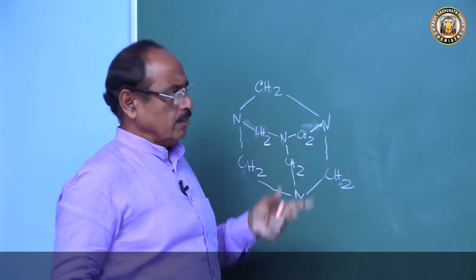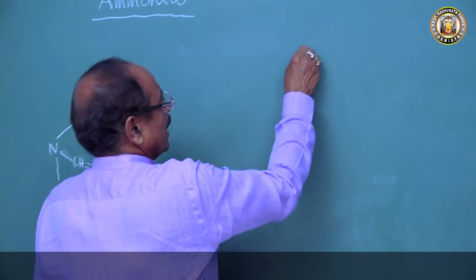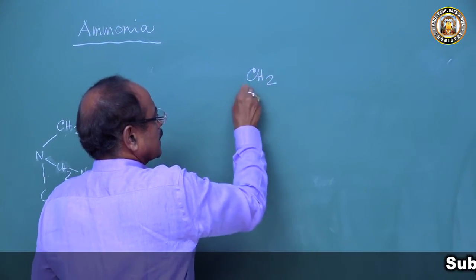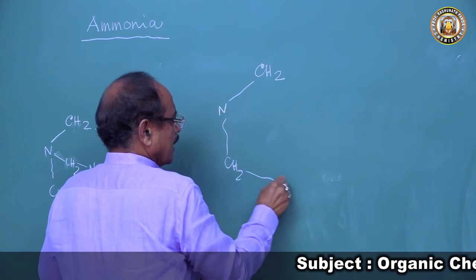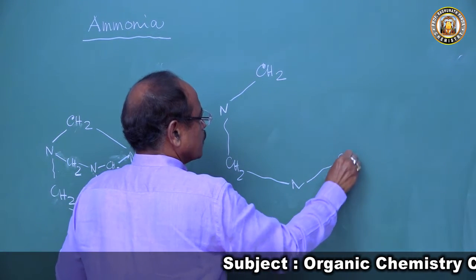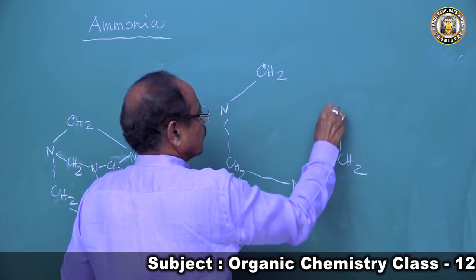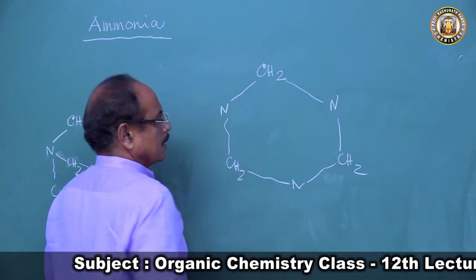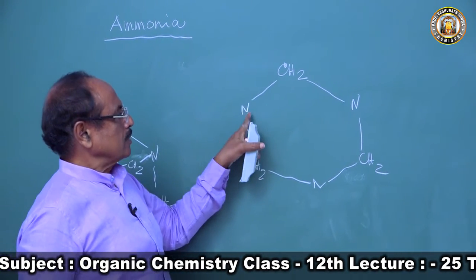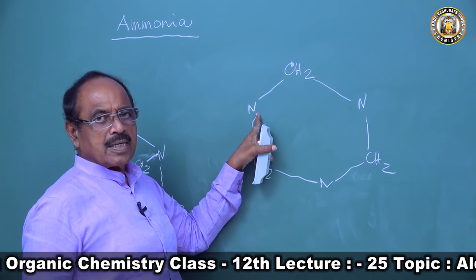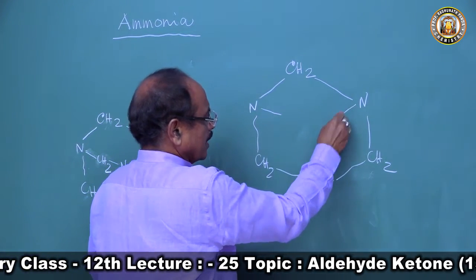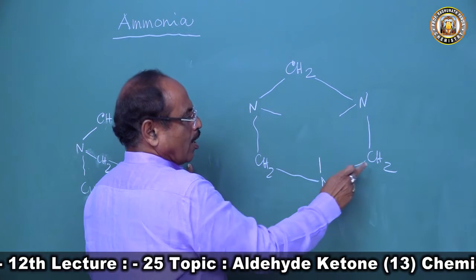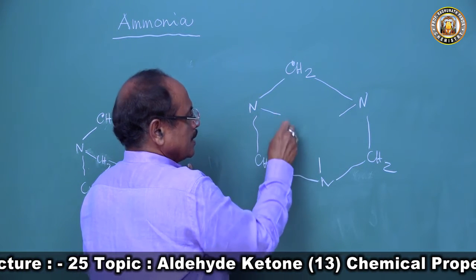Very easy to write. First you write CH2 like this, alternate CH2, N, then CH2, then N, then you write CH2, then N. Now this nitrogen has a valency, 1 valency, 1 valency, 1 valency. Then how many CH2 are there? 3 CH2 are there.